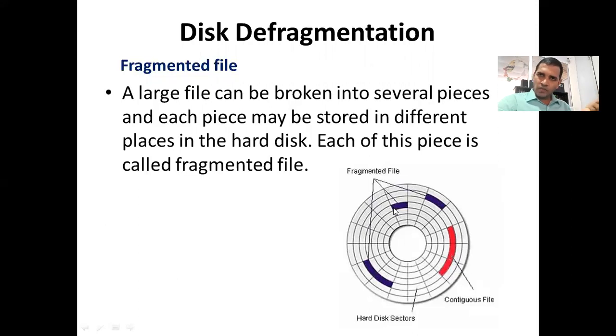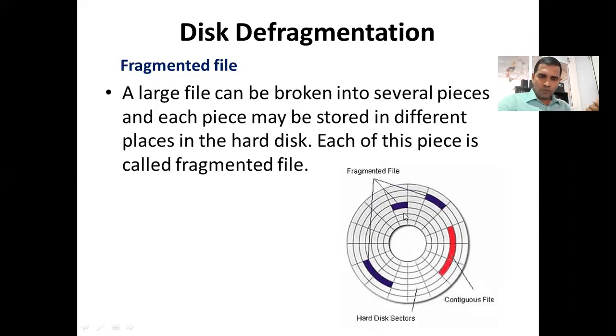Your hard disk head has to move here and there to get that data. Definitely it takes time. So we should arrange all these fragmented pieces in neighboring cells, in a closer manner. That is called defragmentation.